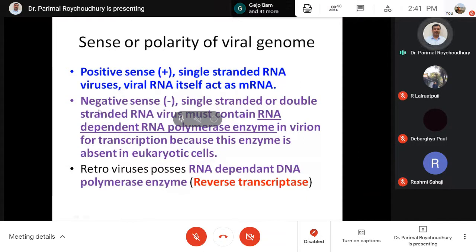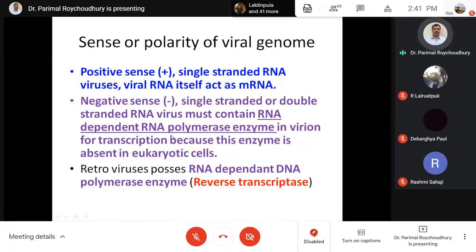Now coming to the other category, the negative sense RNA viruses. Their sequence is not similar to that of the messenger RNA. So they have to undergo transcription. They have to synthesize messenger RNA from the genomic RNA.